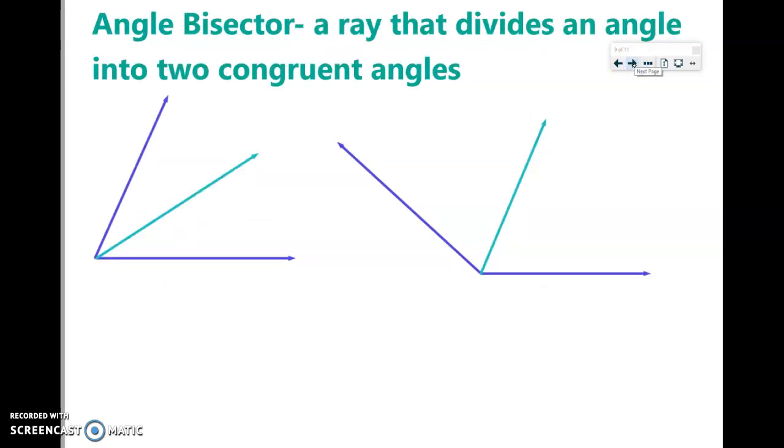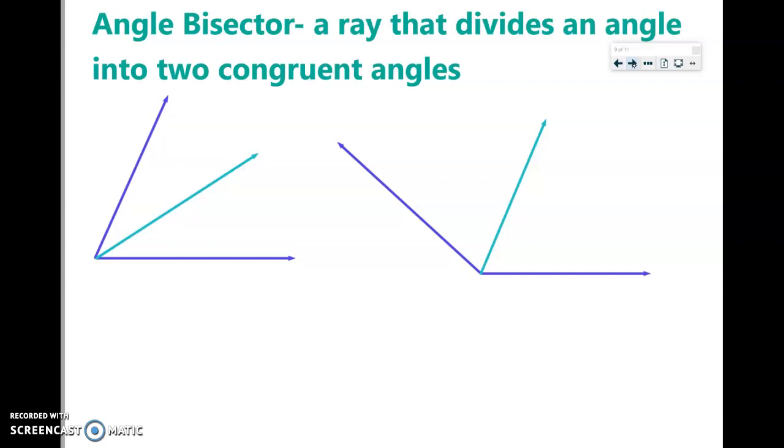Angle bisector. Think back to what a segment bisector is. What is a segment bisector? A segment bisector is a point, ray, or line segment that intersects a line segment at the midpoint.